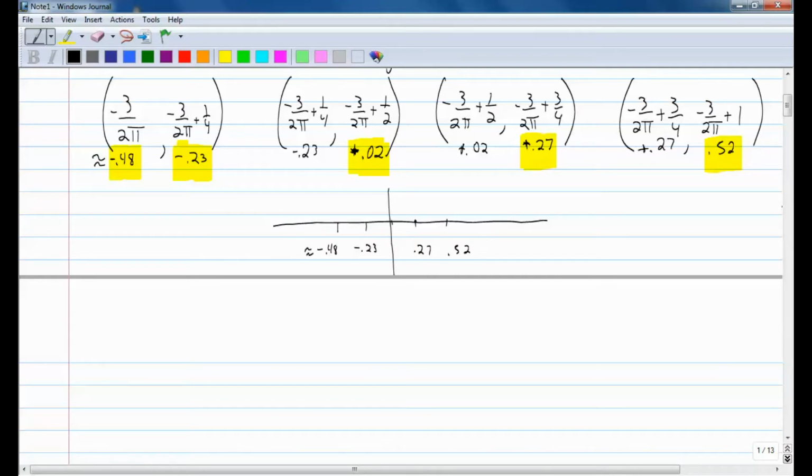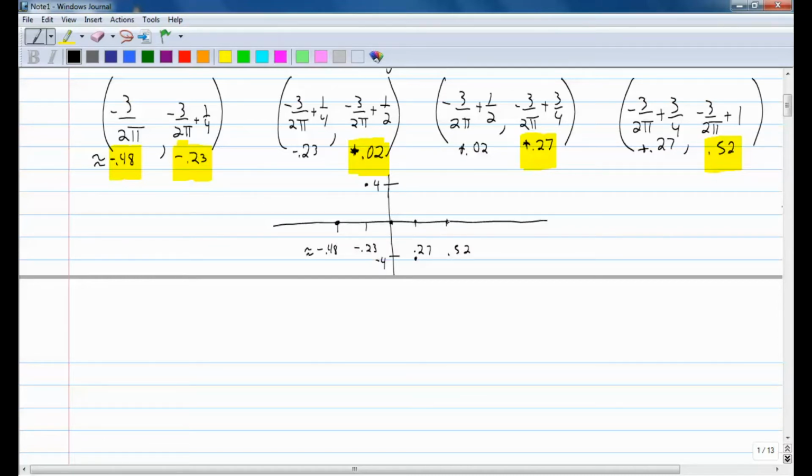Now I just use the amplitude to give me my high point. So my high point is going to be 4. My low point is going to be -4. And I have to know, how does the basic sine curve look? Sine curve starts out on the axis. At the next significant point you have a high point. At the next significant point you cross. At the next significant point you have a low point.